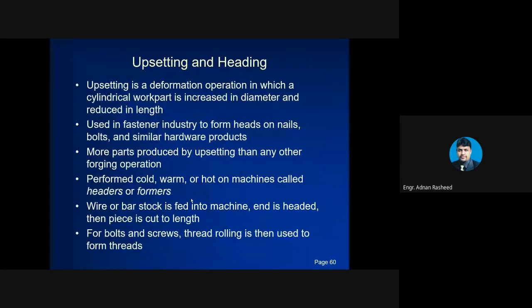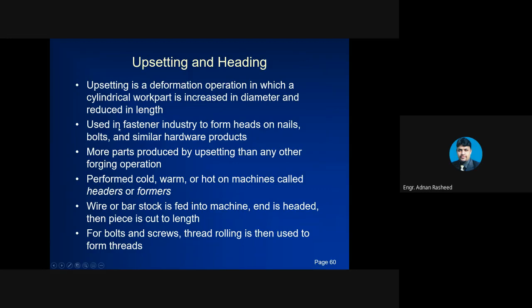Upsetting is a deformation operation in which a cylindrical work part is increased in diameter and reduced in length. Basically, in this operation the diameter is increased and the length of the cylinder is reduced, because in forging operation the diameter is increased and length is decreased.